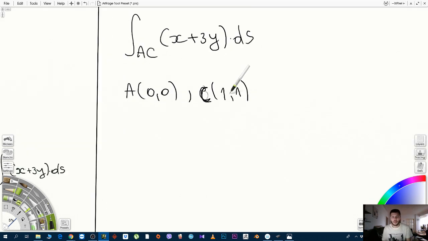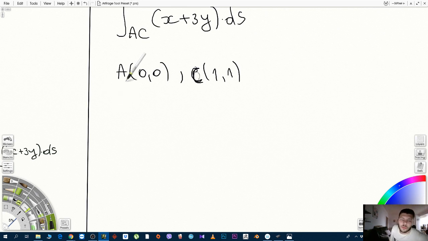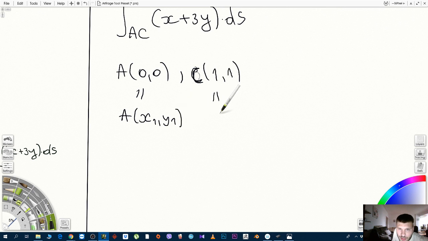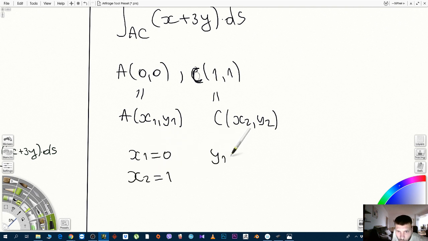Actually A is x1, y1 and C is x2, y2. So x1 is equal to 0, x2 is equal to 1, y1 is equal to 0 and y2 is equal to 1.